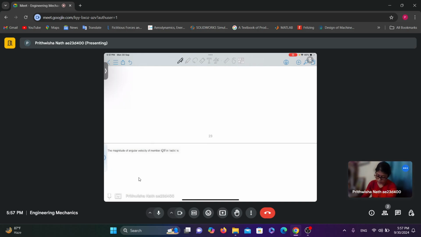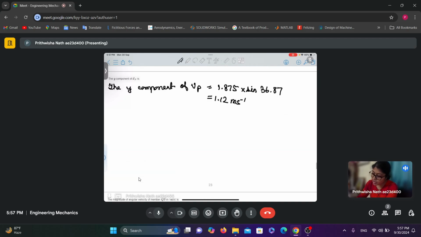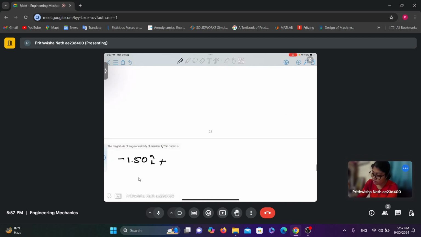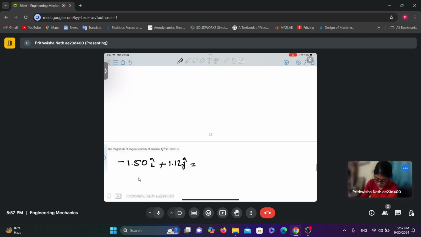So minus 1.50 I cap plus y component is 1.12 j cap, which is equal to omega cross r j cap plus v rel I cap, right?